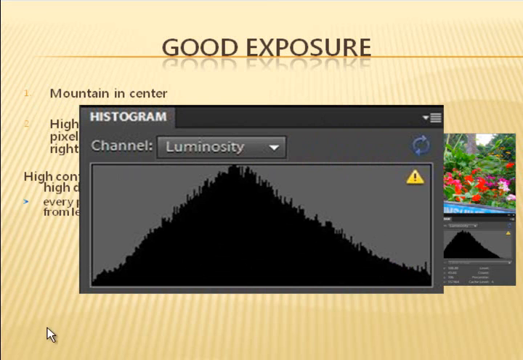You can see here on the left that we do have pixels on the black, on the 0, and we do have pixels on the right, on the white, 255. And so this would be a good exposure with a high dynamic range.